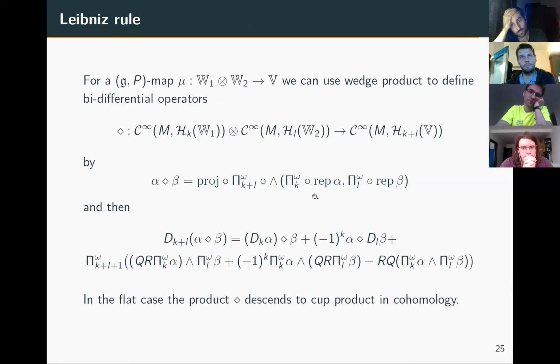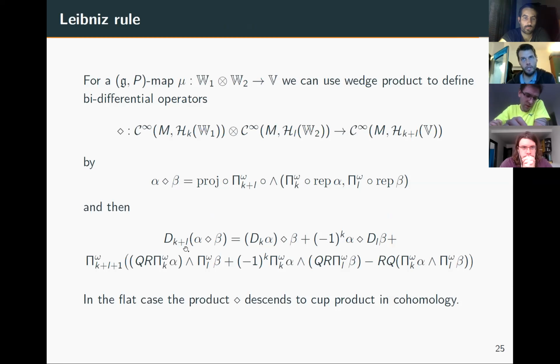You again take some representatives, hit them with this generalized projection, and then apply this operator, whatever it is. So in this case, it is an algebraic operator taking two sections, spitting out another one. Before, it was taking one section, spitting out another one. You can put here whatever you want, and then you just project the result back to homology bundles, and this is a well-defined differential operator.